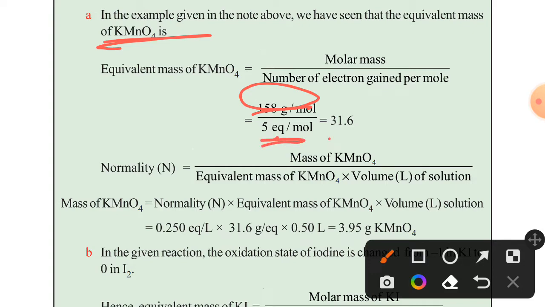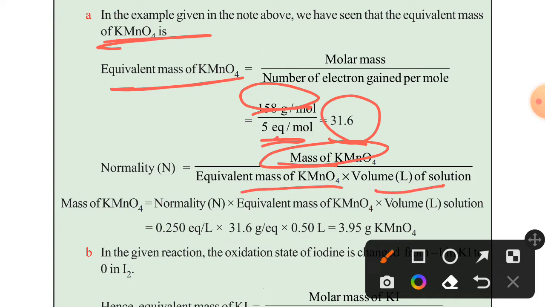So 158 over 5 gives 31.6, which is the equivalent mass of potassium permanganate. So normality is equal to mass of potassium permanganate over equivalent mass times volume. Here we want the mass of potassium permanganate.